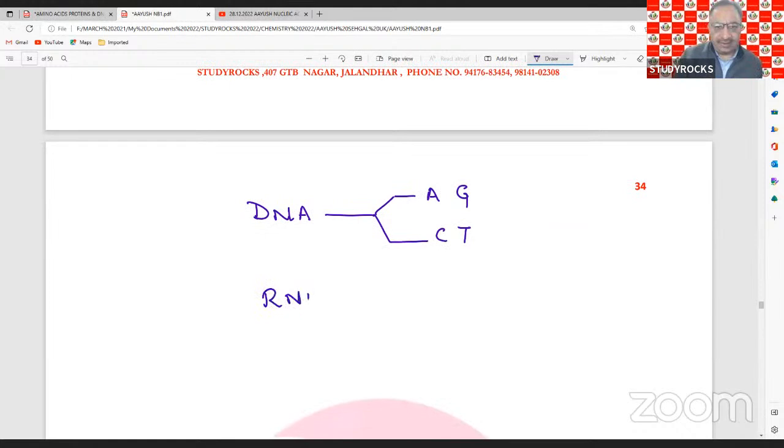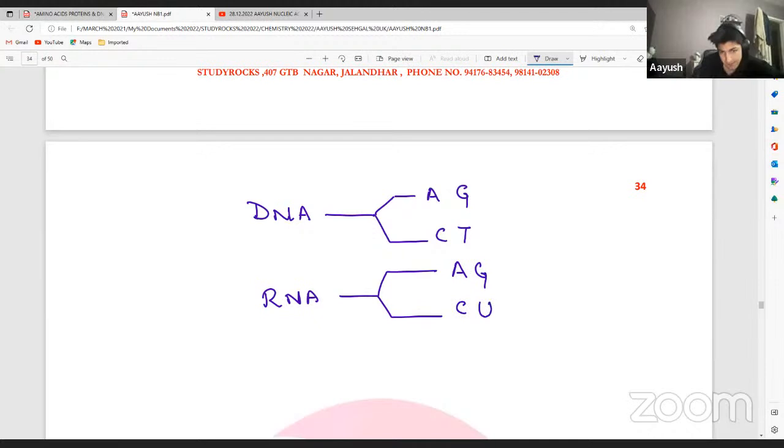And RNA contains adenine, guanine, cytosine, and uracil. Thymine is replaced by uracil. So both contain 4 nitrogen bases.